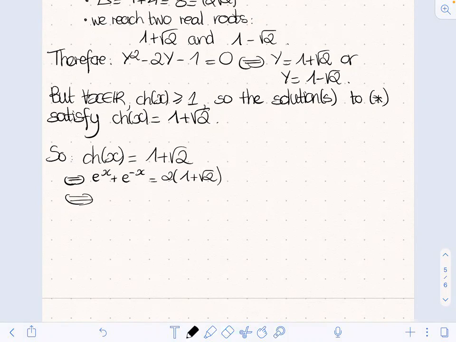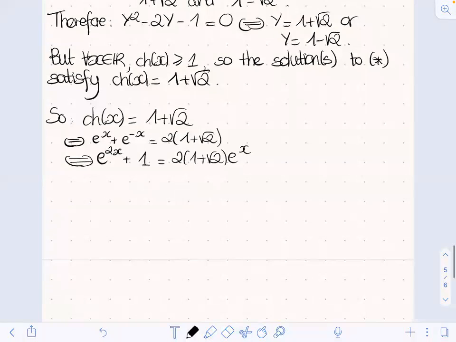There's another way. Multiply by e to the x? Yeah, absolutely. So if you multiply by e to the x, you get e to 2x plus 1 equal to 2 times 1 plus square root of 2 e to the x. And if we just reorder this equation, we get e to 2x minus the exponential x term.